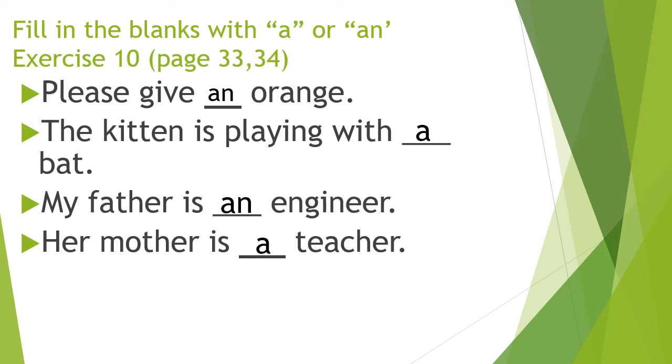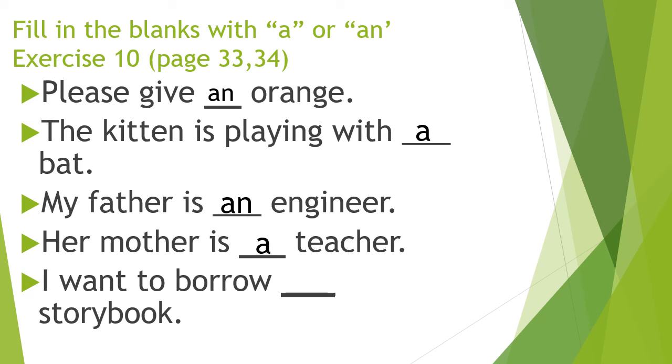As the noun teacher has a consonant sound T, so we will add a in this blank. Next is, I want to borrow dash storybook. What comes here? A storybook. Because storybook has a consonant sound S. So a will come in this blank. I want to borrow a storybook.